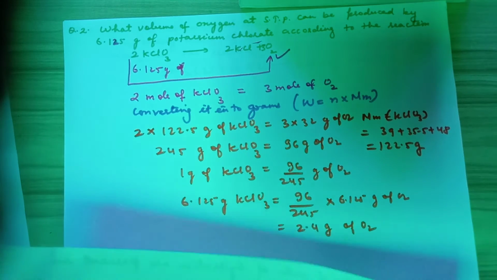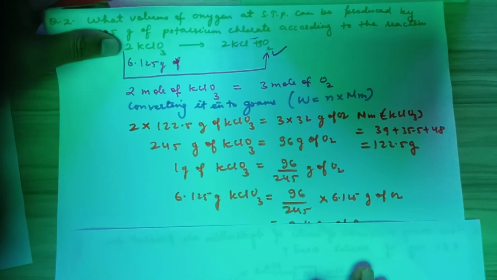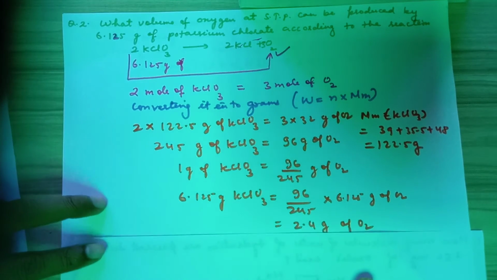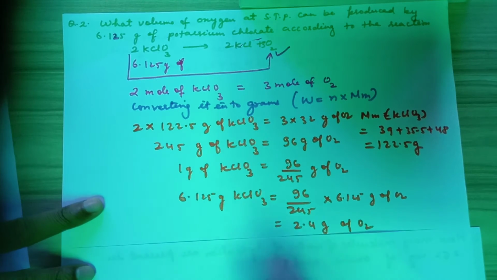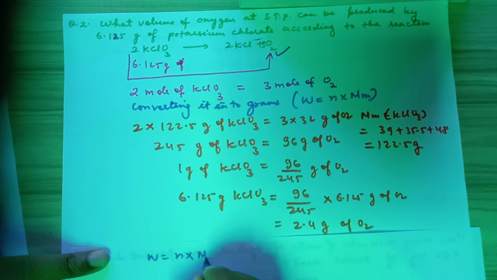Now we know the basic rules. Converting into number of moles, we know that W is equal to N into MM, so N is equal to W by MM.